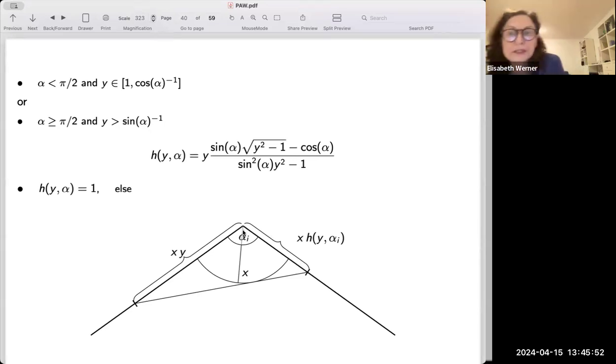So that's the geometric interpretation of this function h. So it does appear quite naturally in our context.